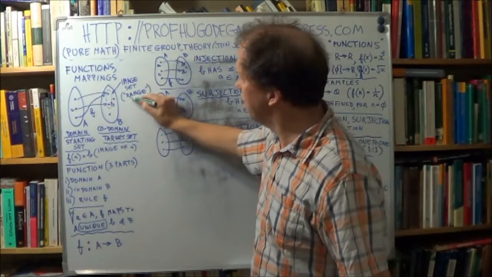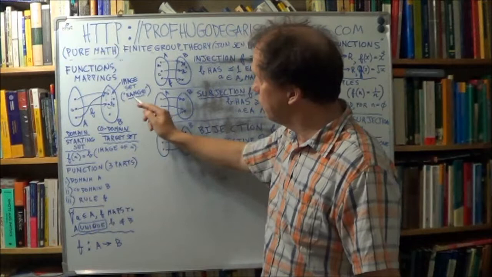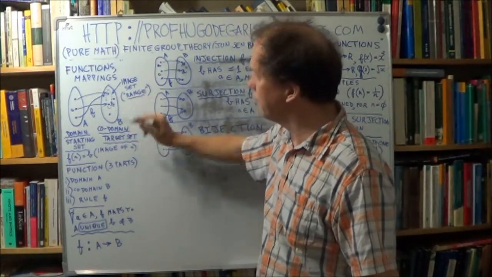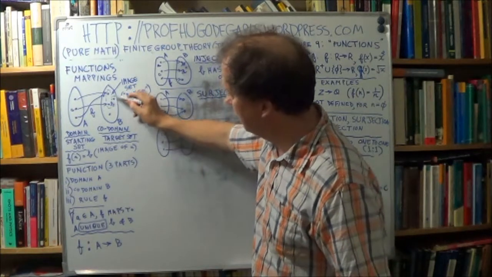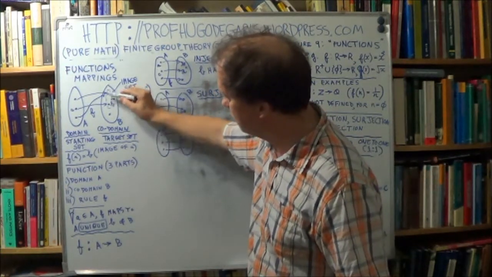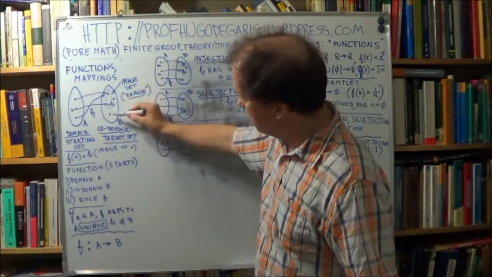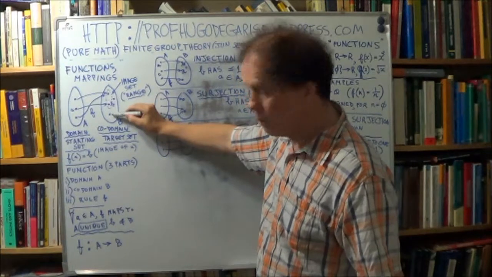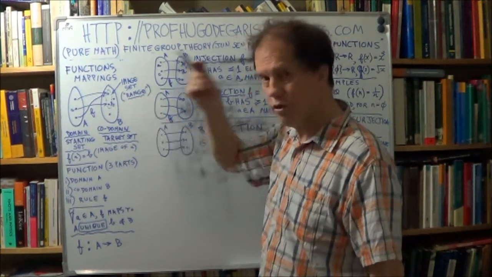An alternative name for an image set is just the range. Okay? So the range could be a subset of your codomain. And now here it is, like this. I don't know if you can see the stippled little oval here. So these two, that's a subset of your codomain because this element here is not mapped to. It's a straggler, if you like.